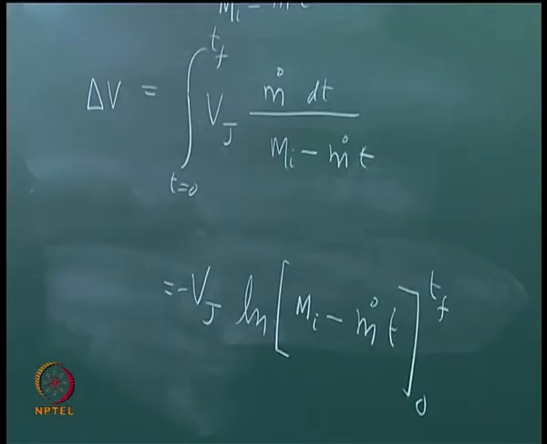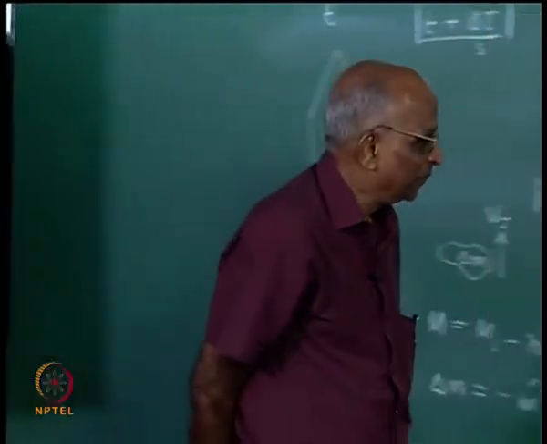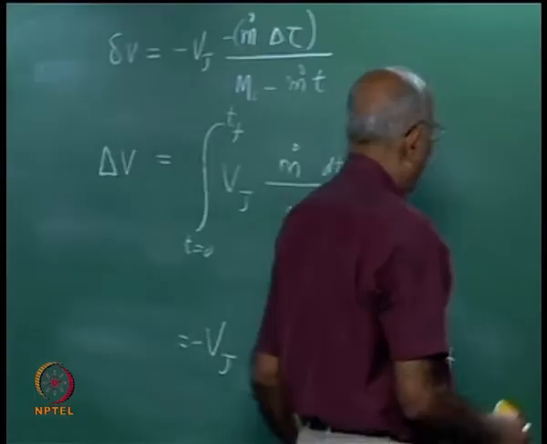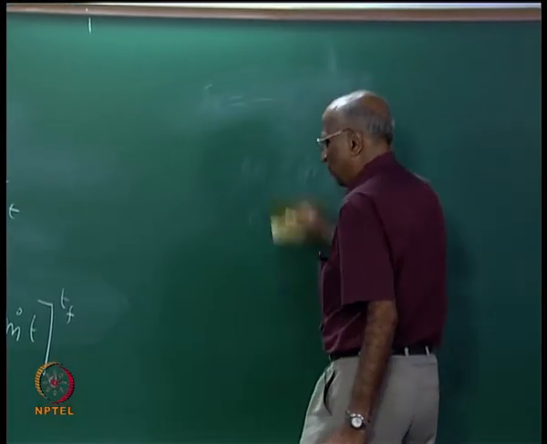Is it all right? Please check it. Anything wrong on the board or anything? Can I proceed? Okay. Now I'll ask you, what is the value of mass at time t equal to 0?